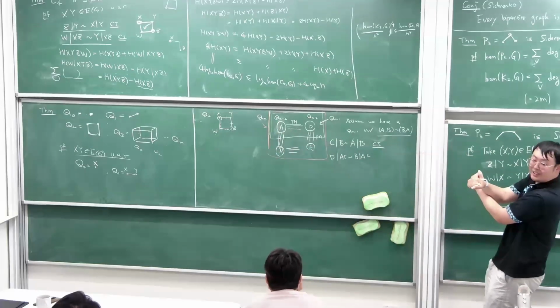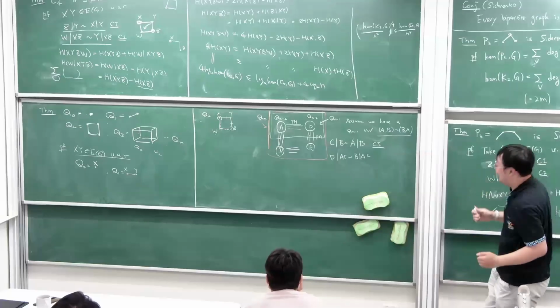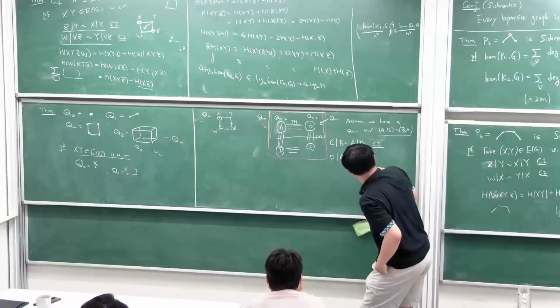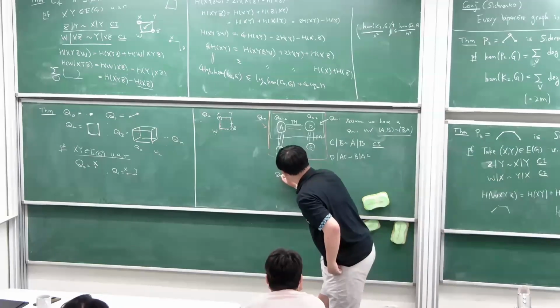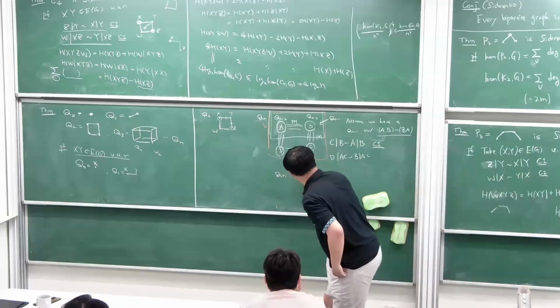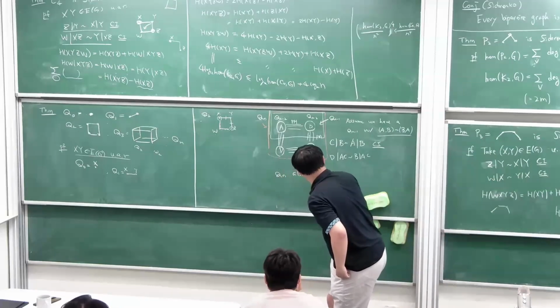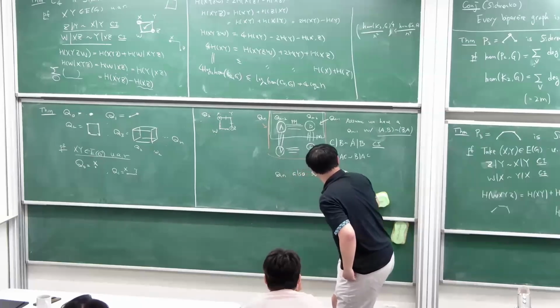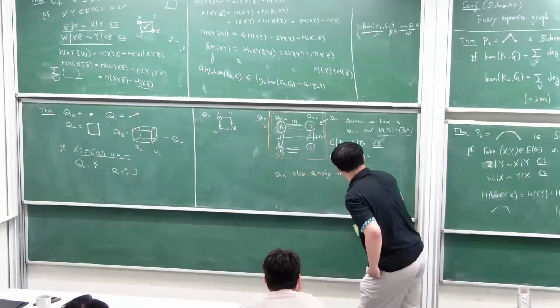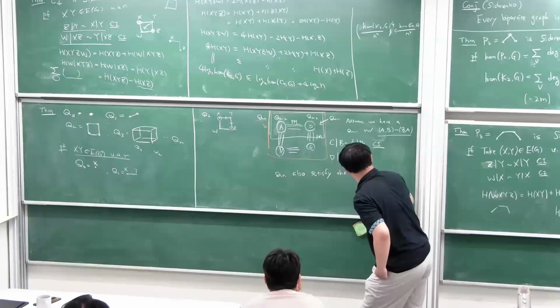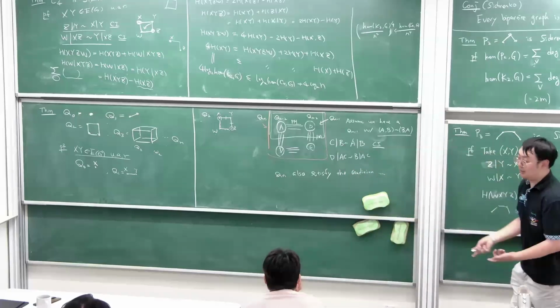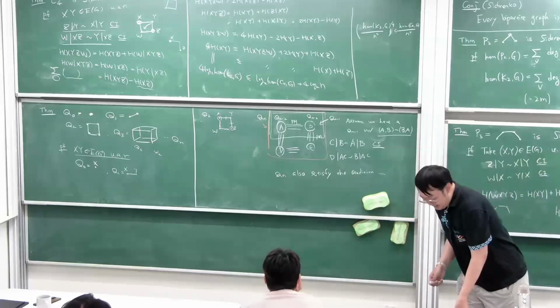Is that hand wavy clear enough? So Qn also satisfies the condition, and you can keep sampling these hypercubes.